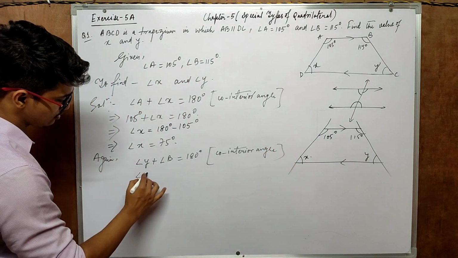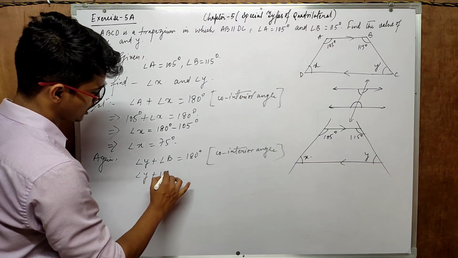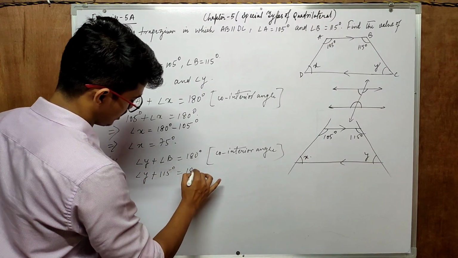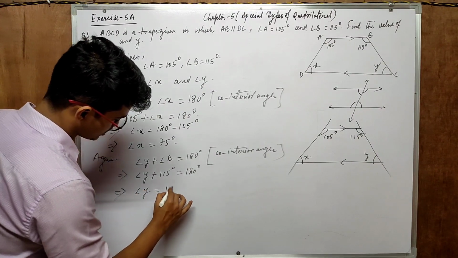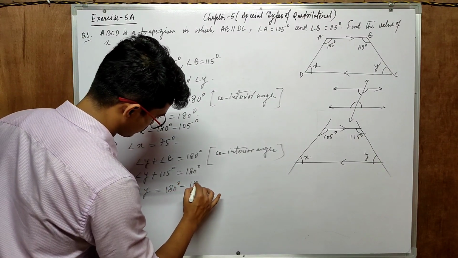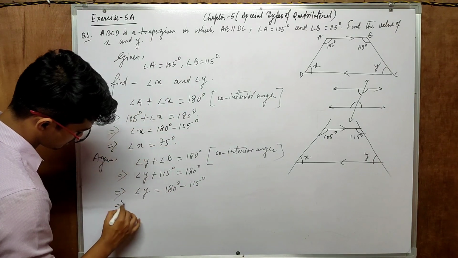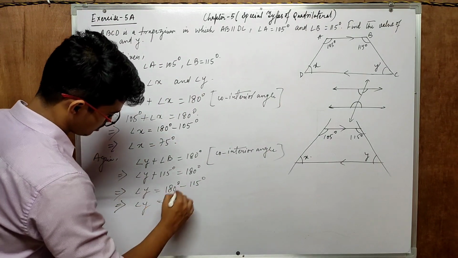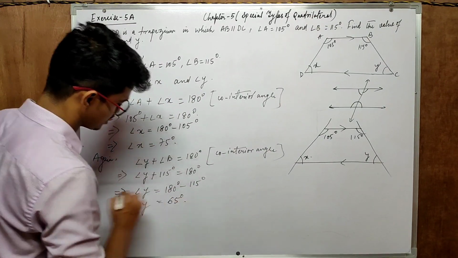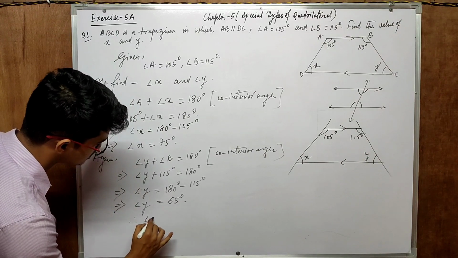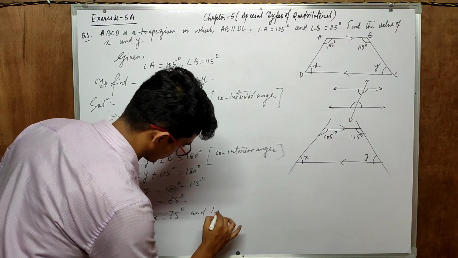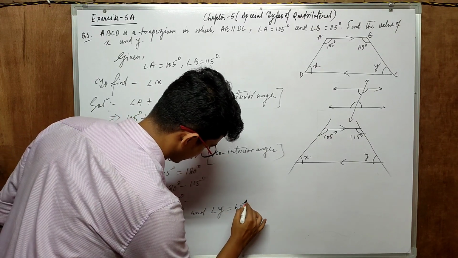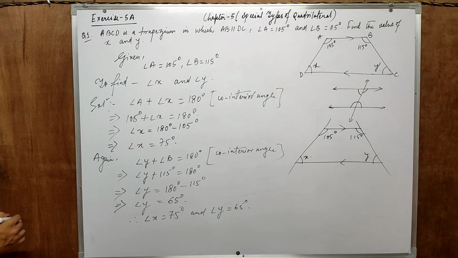So angle Y plus 115 degrees equals 180 degrees, and just solve this one. Put the imply sign. 180 degrees minus 115 degrees implies that it is 65 degrees. Therefore angle X equals 75 degrees and angle Y equals 65 degrees. So that's all for question number 1.